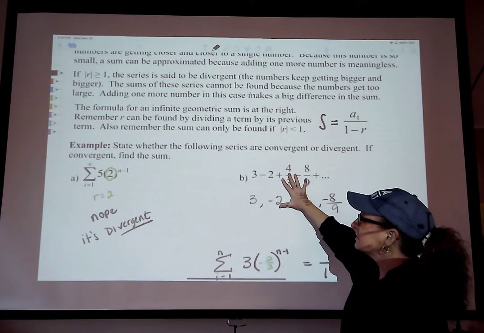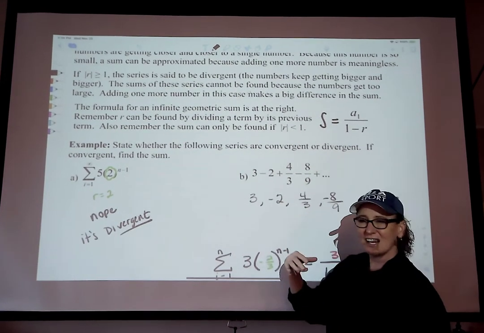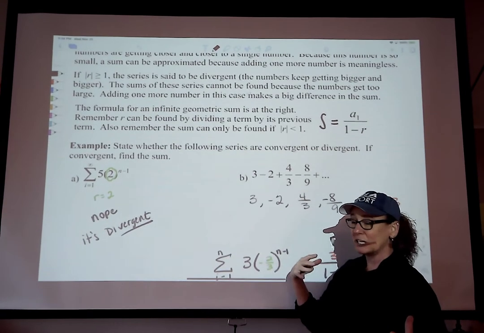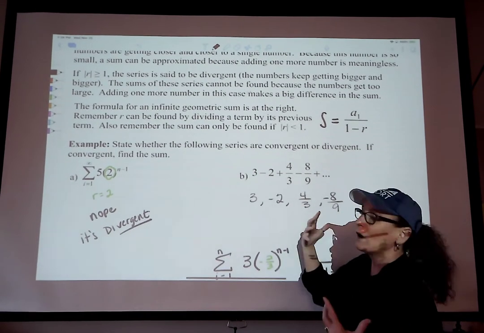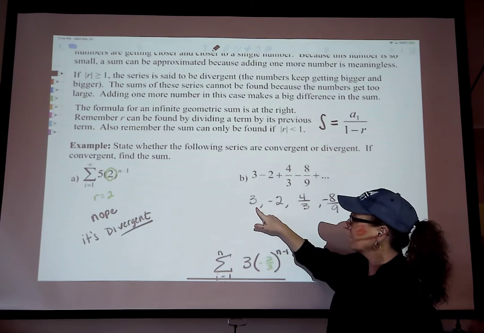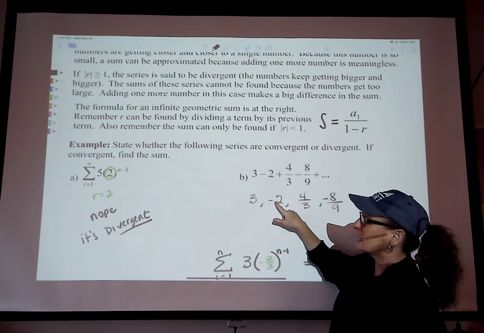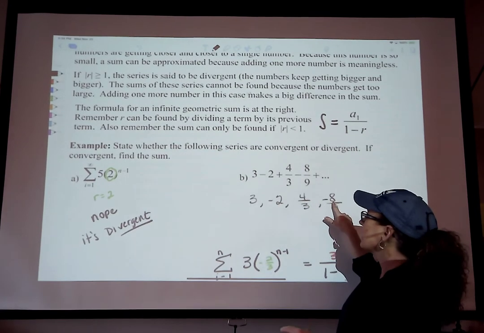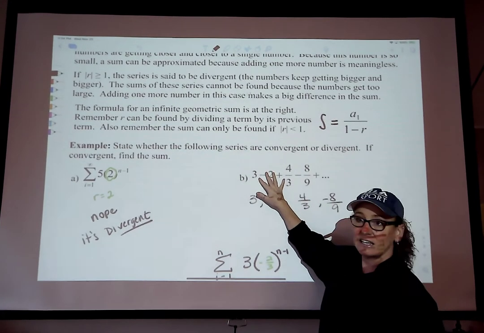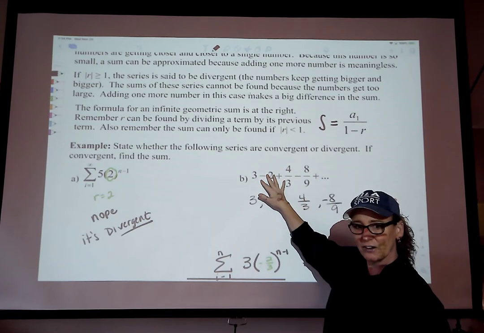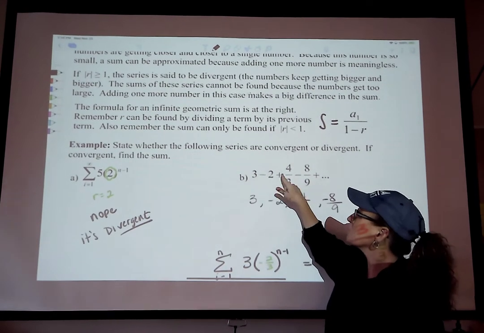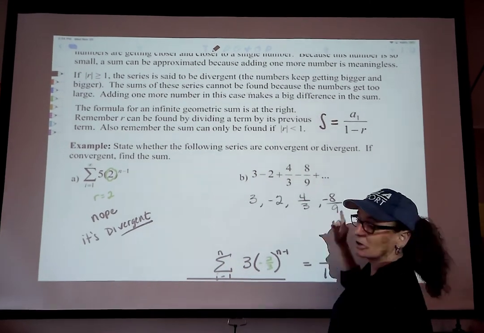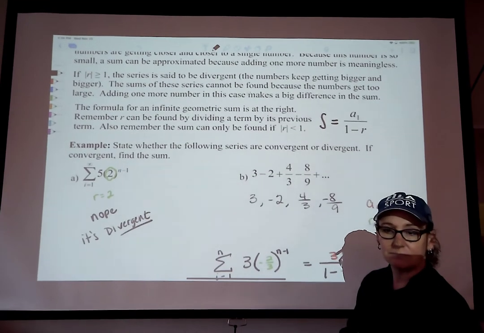Let's try this one. This one is set up a little differently for you. So just to make you get it, I wrote what the terms are. First term is 3. Second term is negative 2. Third term is 4/3. Fourth term is negative 8/9. This is saying, can we add all these together? Can we add this with this, with this, with this, and so on and so on? Let's find out.